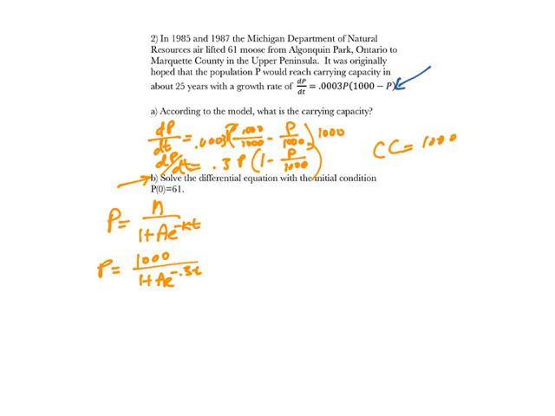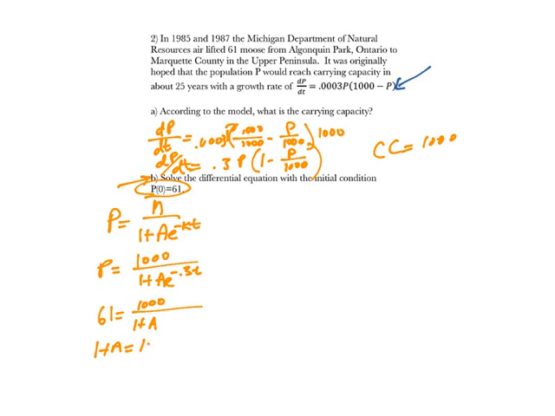Okay? Well, they tell us that P of 0 is 61. So if I say 61 equals 1,000 over 1 plus A e to the 0, that'd just be 1 plus A. If I multiply both sides by 1 plus A, I'd have 61 times 1 plus A, so I'm going to divide by 61.